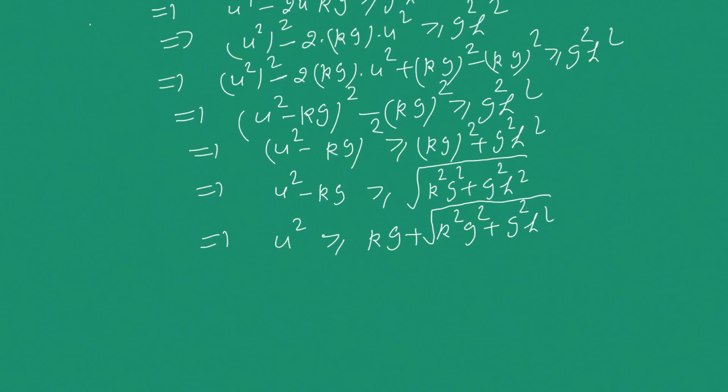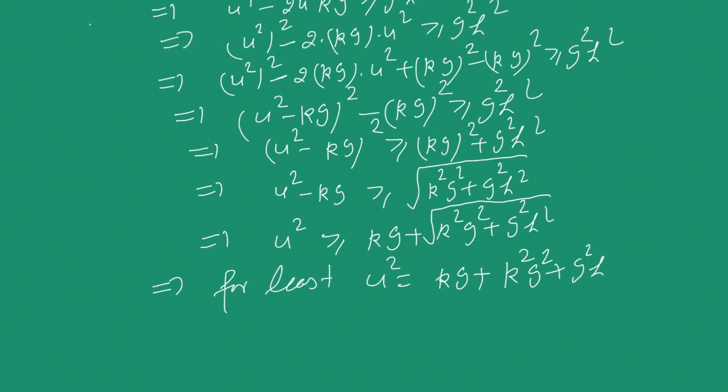This implies that the least velocity of projection, because it is greater than or equal to, for least u square should be equal to kg plus the square root of k square g square plus g square h square. So this equation number 2 will give the least velocity of projection for a projectile to hit the given point. So we have determined the least velocity of projection, which is given by relation number 2.